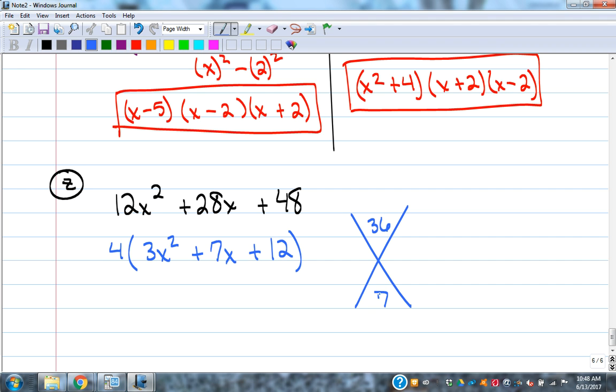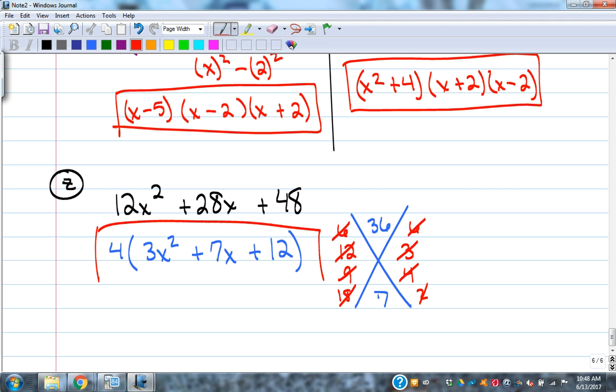Things that multiply to be 36: 6 times 6, that doesn't work. 12 times 3, that doesn't work. 9 and 4, doesn't work. 18 and 2, doesn't work. 36 and 1, doesn't work. None of the factors that make 36 will add to be 7. So that's the finished product. That's the factored form of that.